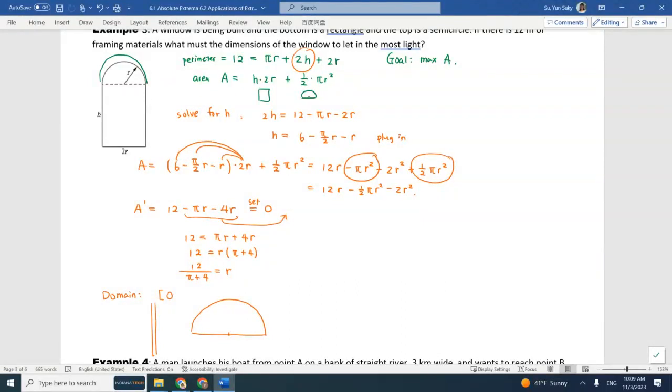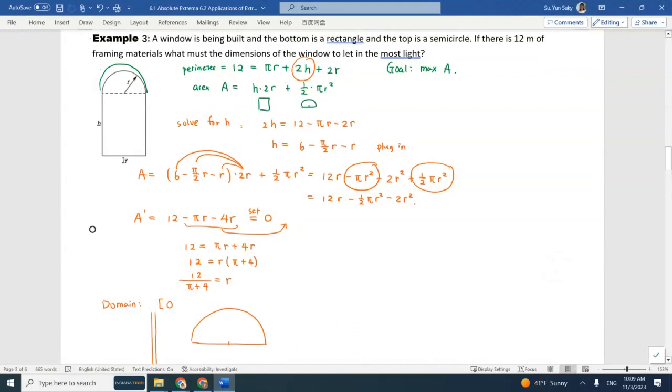Then you know the framing materials is 12 meter, so it means the perimeter of this figure is 12 meter, right? And what's the perimeter? We have a half circle, half circle is pi r, right, everybody?